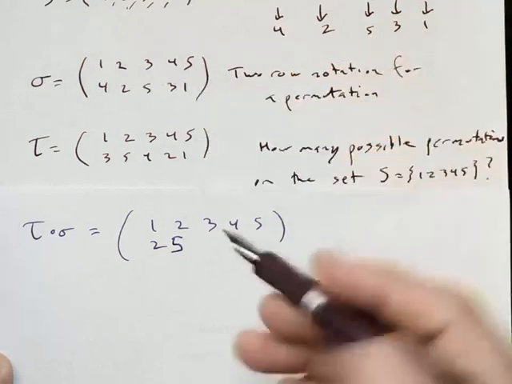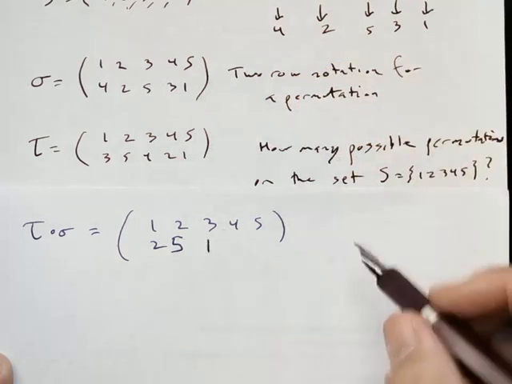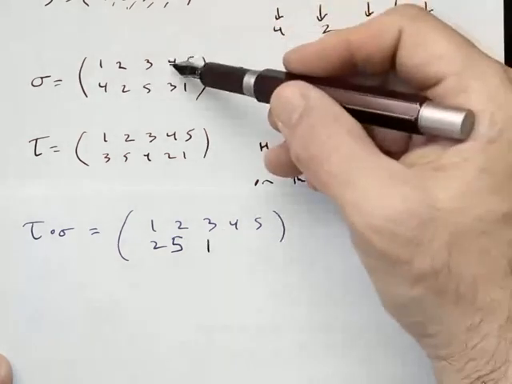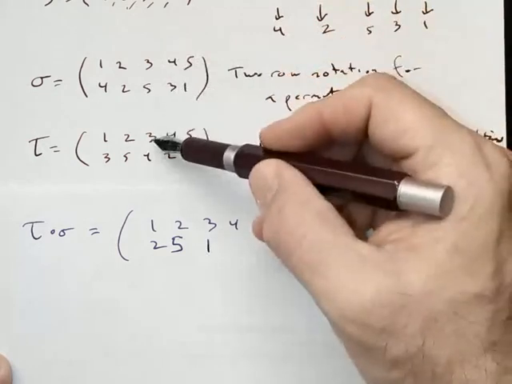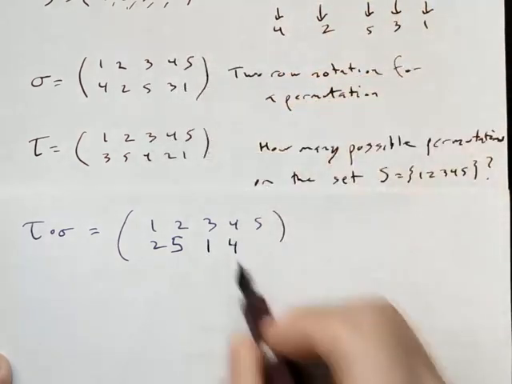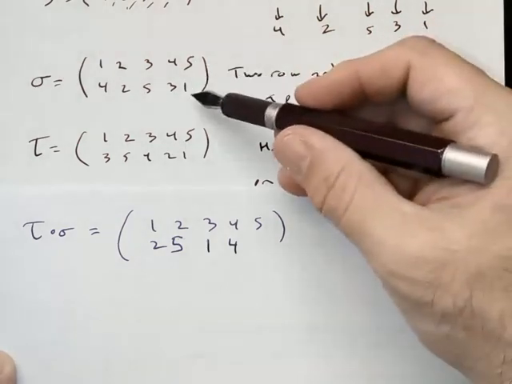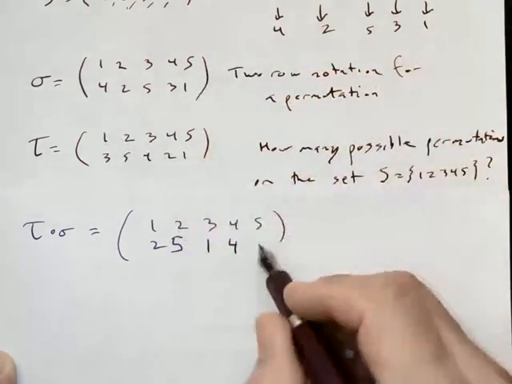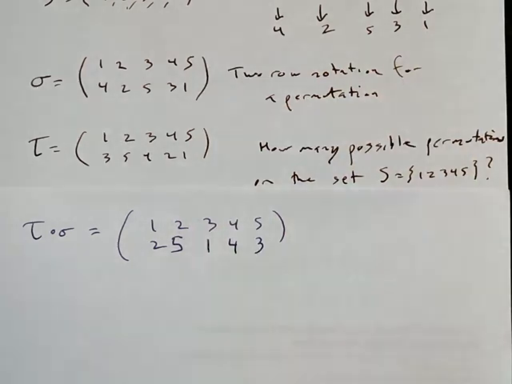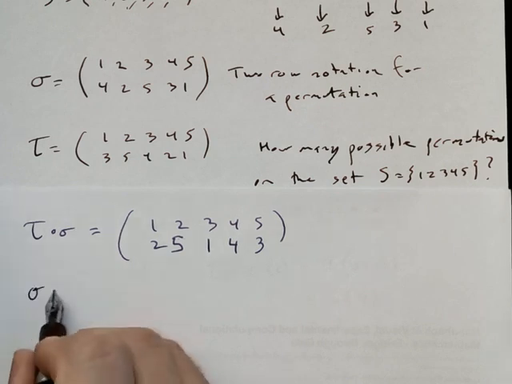Tau of 5 is 1. 4. Sigma of 4 is 3. Tau of 3 is 4. 4 goes to itself. 5 goes to 1. 1 goes to 3. So tau composed with sigma is that. What's sigma composed with tau?